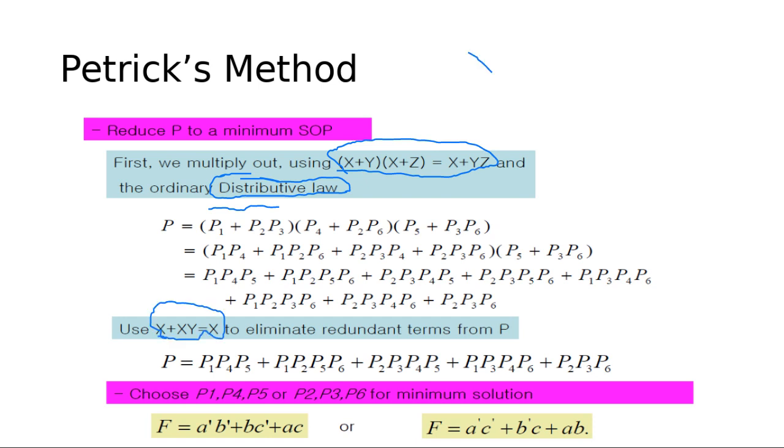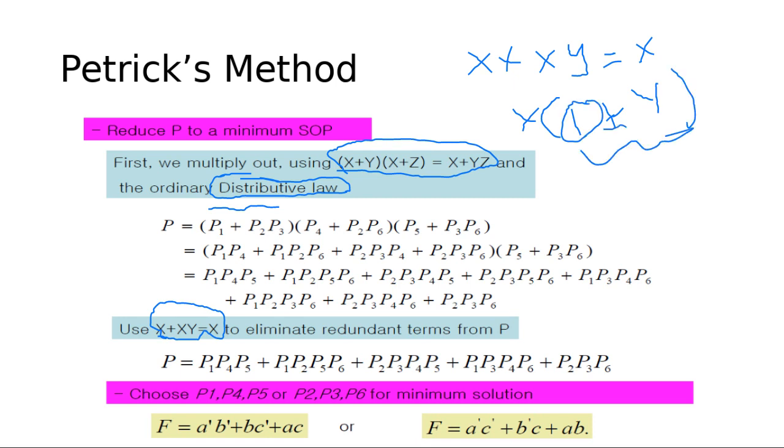You also know these rules: X and XY means X, because when you factor out X, you get 1 and Y. So that means there is a 1 and there is an OR gate, that means one, and you get X. And using these rules, you get this one.